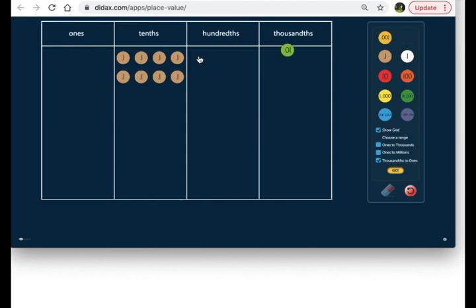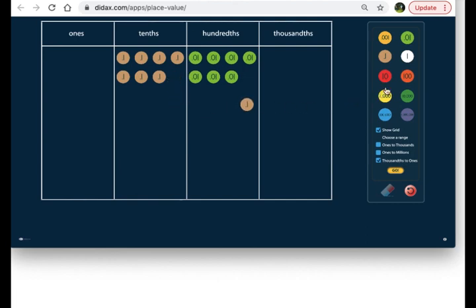So 1 hundredth, 2 hundredths, 3 hundredths, 4 hundredths, 5 hundredths, 6 hundredths, 7 hundredths. So this shows us 87 hundredths. But what if I took one of these tenths away and brought it to the hundredths?